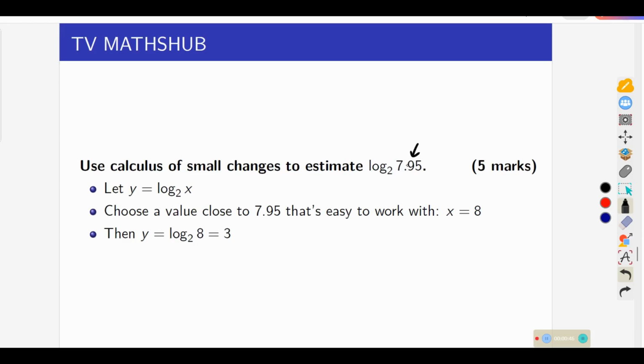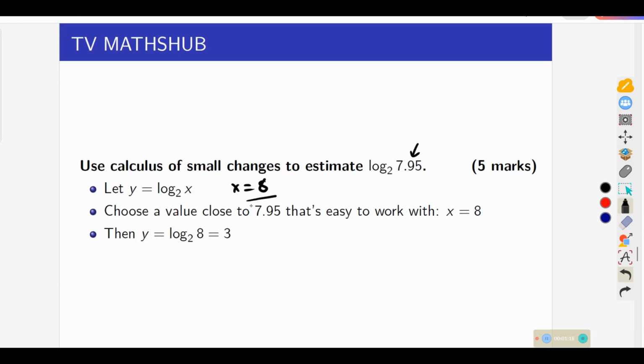The value close to 7.95 can either be higher or lower than this, but it should be close to 7.95 and easily expressed in terms of 2. That value will be 8. Meaning that if we let y be log 2 of x, our x will be represented by 8.